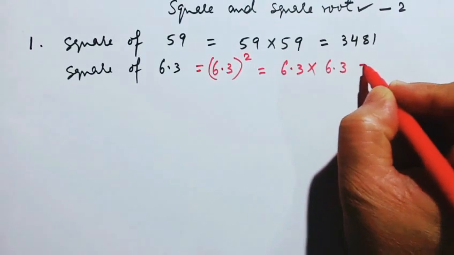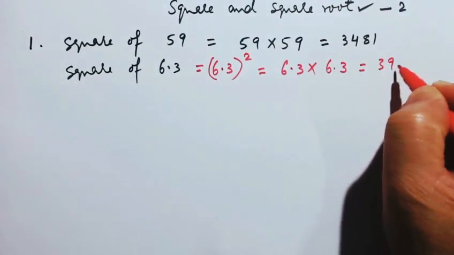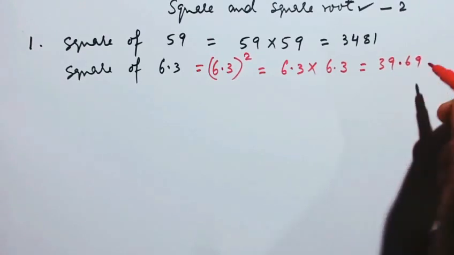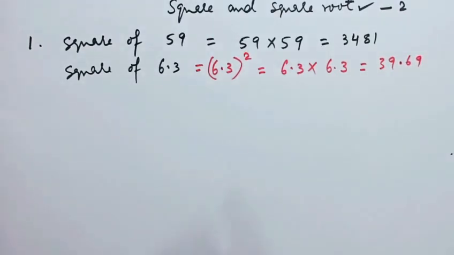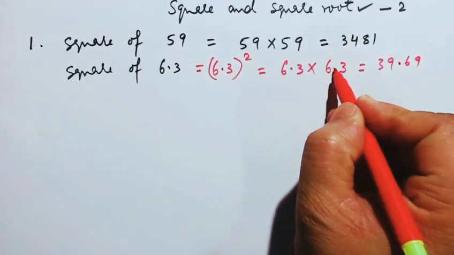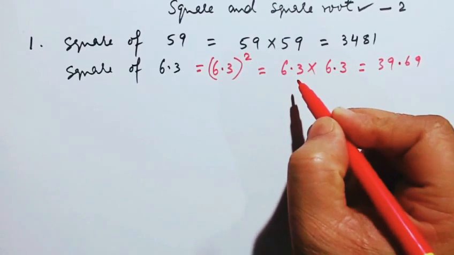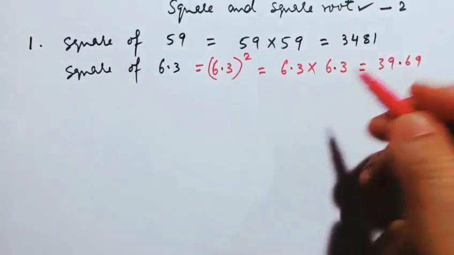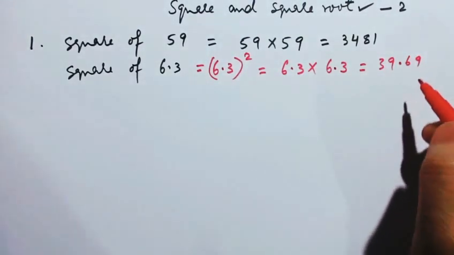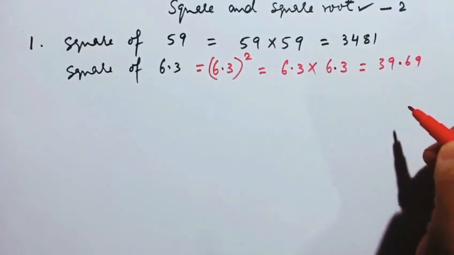When you multiply it, you will get 39.69. Remember, the decimal in each number is after one place, so after you multiply, the decimal in the answer should be after two places.